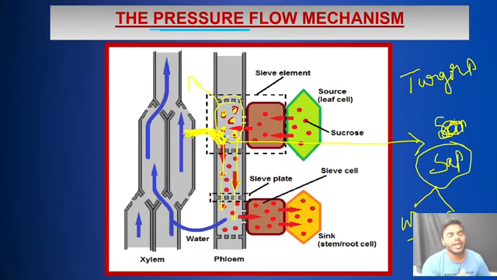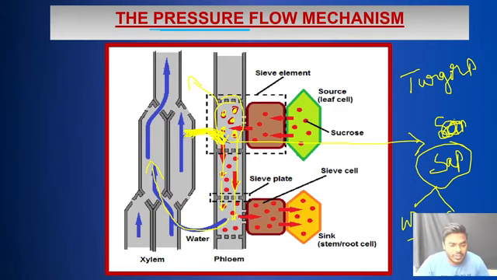Okay, where have they reached now? They have reached the sink. Now friends, when it comes down near the sink, there will be no pressure. Obviously, friends, whenever there is no pressure, water molecules start moving back from the sieve tube elements of the phloem back to the xylem. Such a simple step it is.